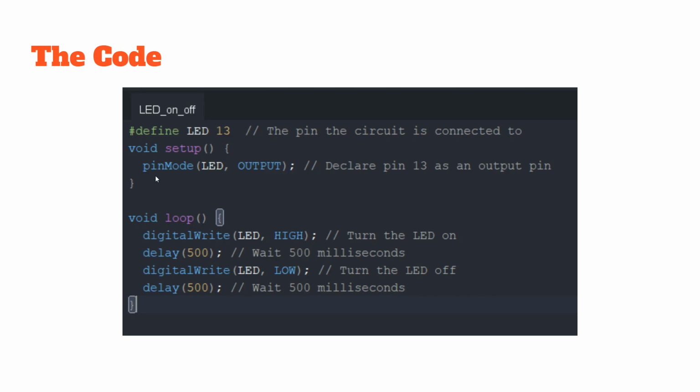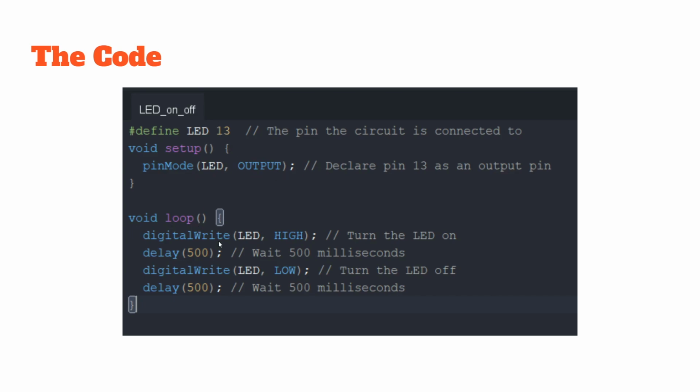And in the setup, nanos and other Arduino things, they can have these pins as inputs or outputs, and sometimes the microcontroller is going to get confused. So you got to say in your setup that you want to declare the mode of the pin to be output. So you say pinMode LED, which is 13, OUTPUT.